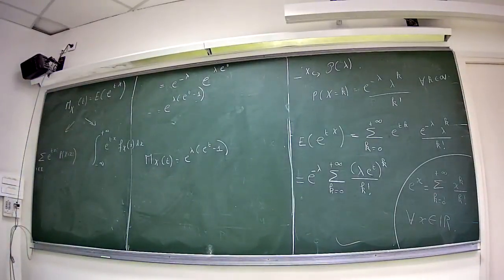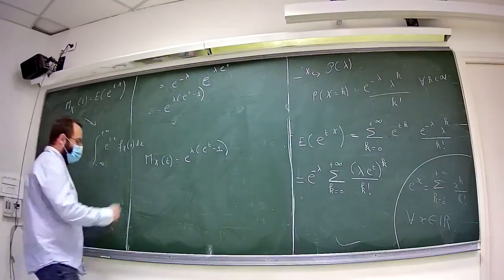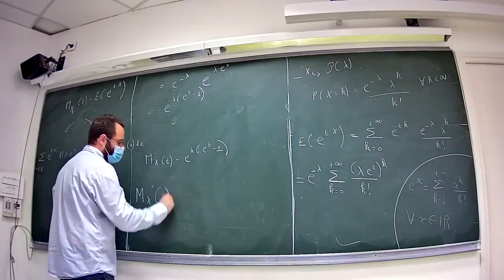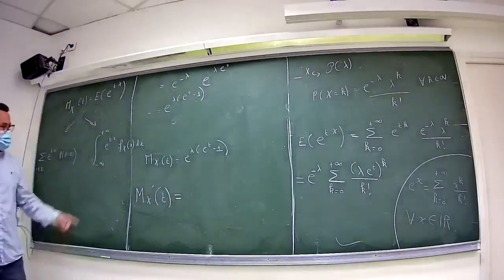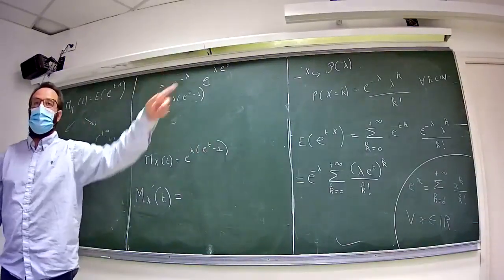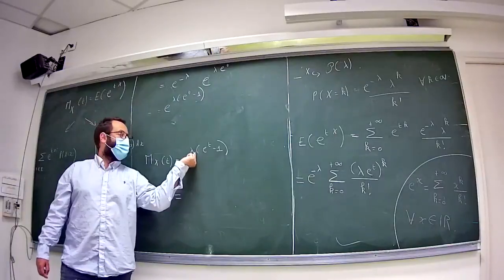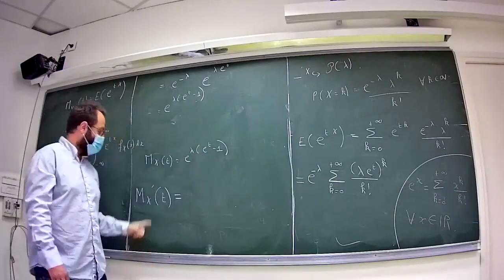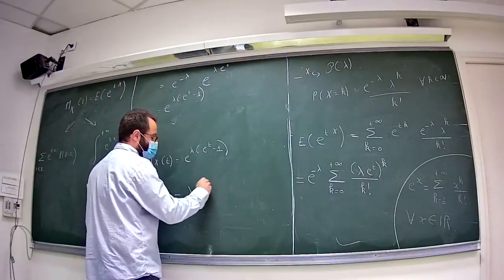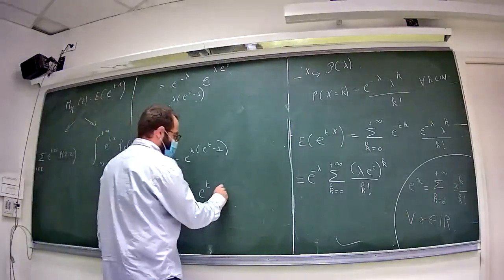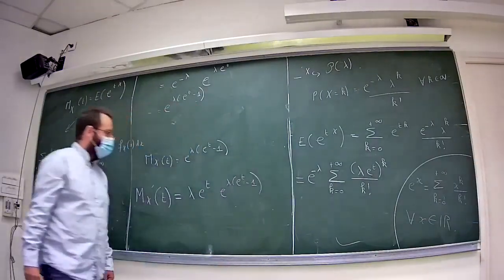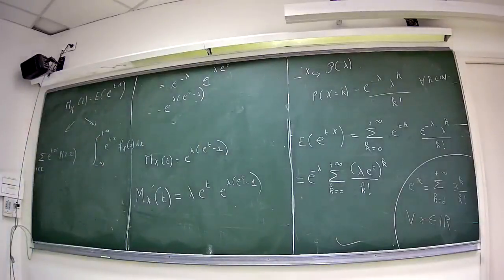So let's remark one thing. If I compute the derivative of the moment generating function, what do I obtain? It is of the form exponential of u, so it is u prime times exponential u. What is u prime? u prime is lambda exponential t. So the derivative is lambda exponential t, multiplied by exponential of lambda exponential t minus 1.